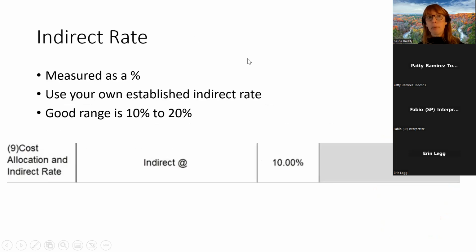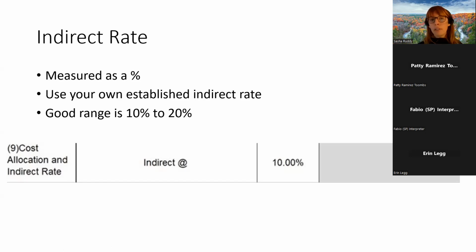So here's an example from a budget that was submitted. So as I mentioned, indirect rate is measured as a percentage. You, for this equity grant, can establish your own, or you can use your own established indirect rate. And a good range is somewhere between 10 and 20%.